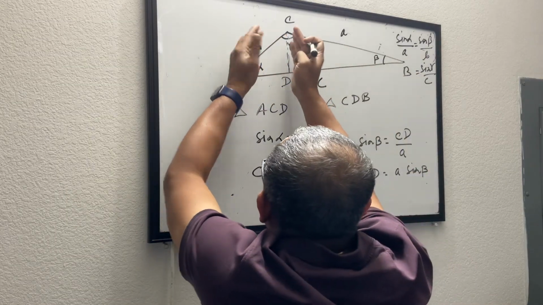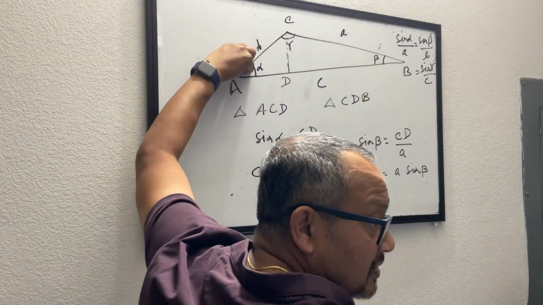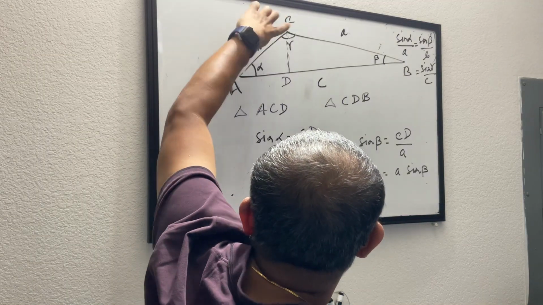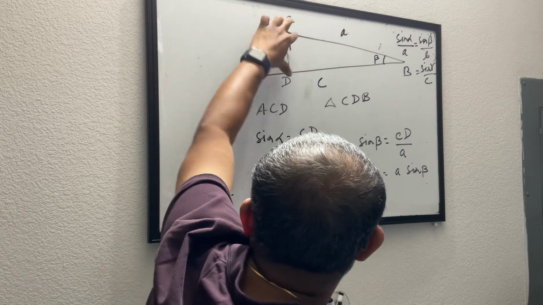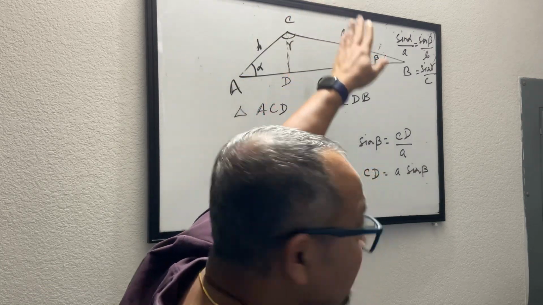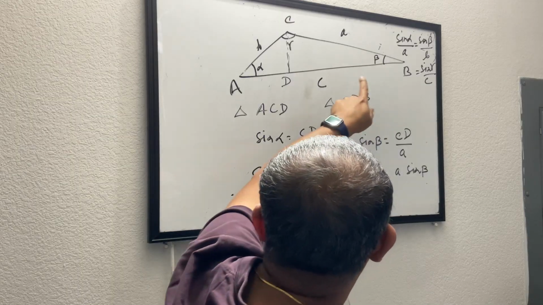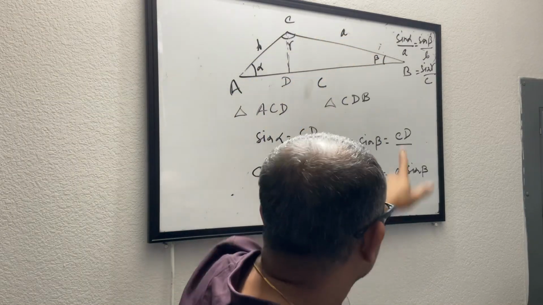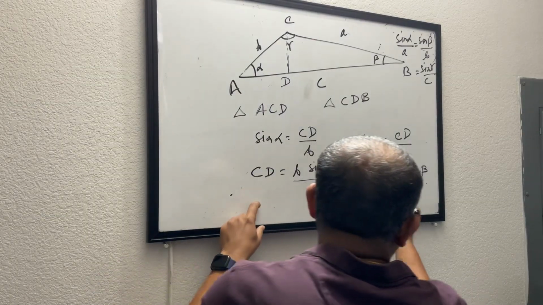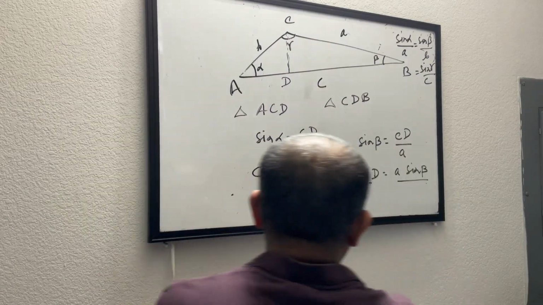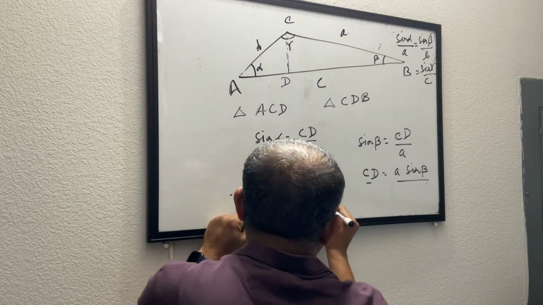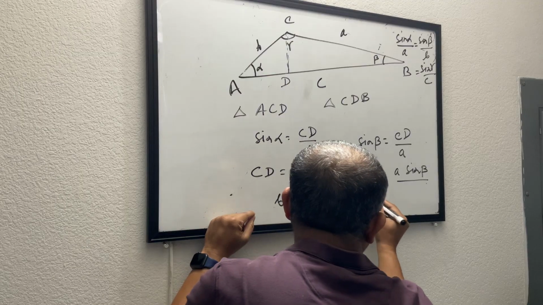From the first triangle, sine of alpha is the side opposite to the angle divided by the hypotenuse, so we got CD by B. From the second triangle, sine of beta equals the side opposite to it divided by A. So from this one CD equals B sine alpha, and from this one CD equals A sine beta. Since both are CD, we can say B sine alpha equals A sine beta.